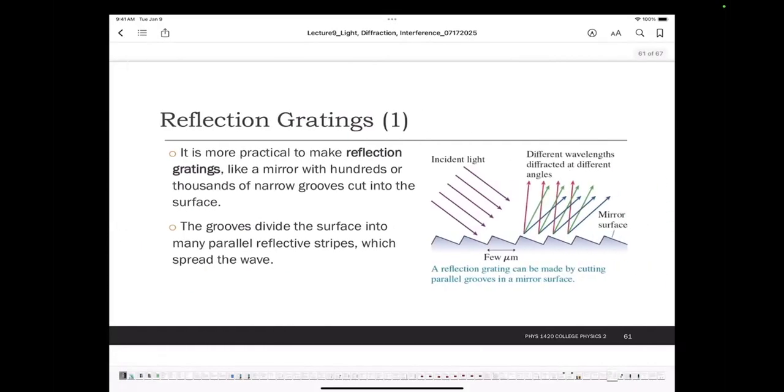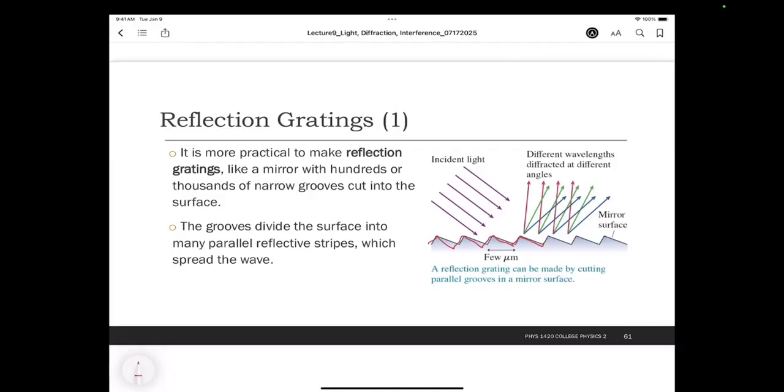Okay, let's talk about reflection gratings. It is more practical to make a reflection grating, like a mirror with hundreds or thousands of narrow grooves cut into the surface. You can see here there is a surface, but it is not smooth. It is made by cutting parallel grooves in a mirror surface. The grooves divide the surface into many parallel reflection strips, which spread the wave.